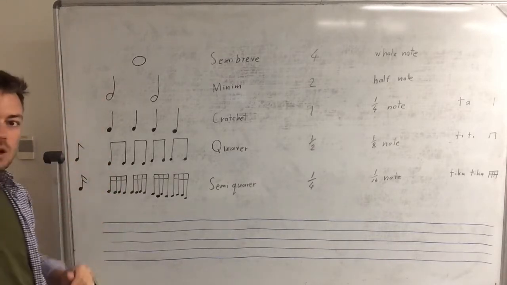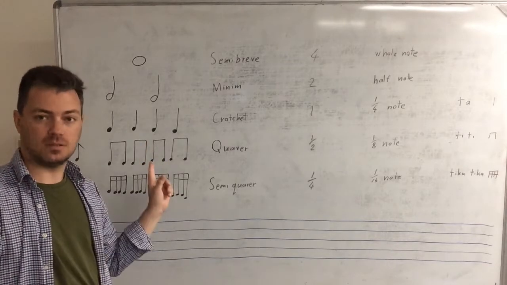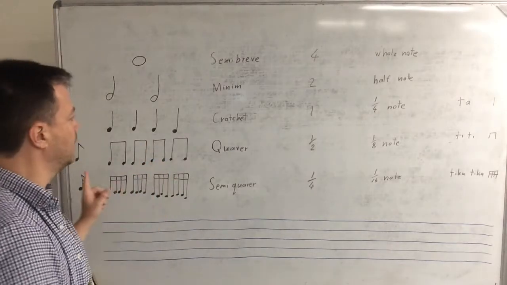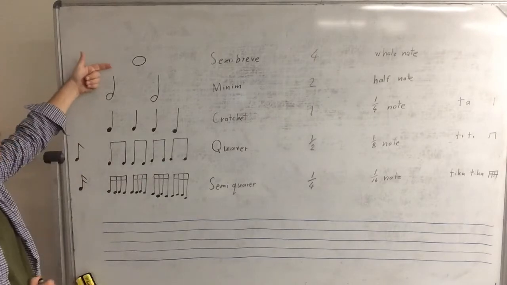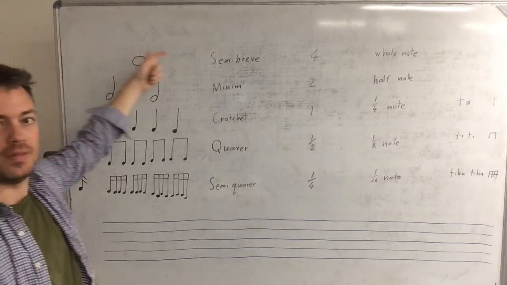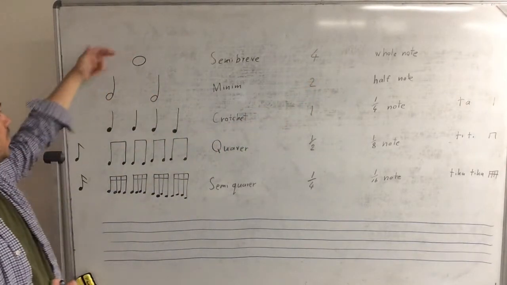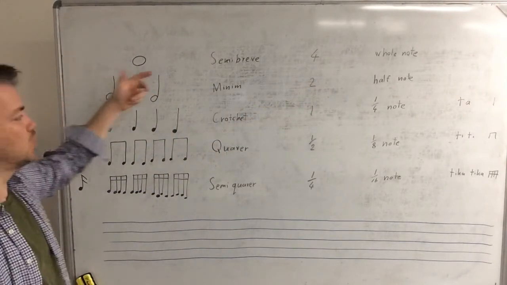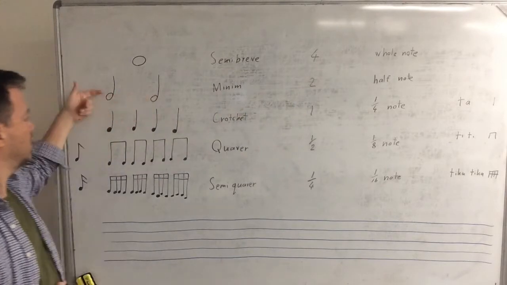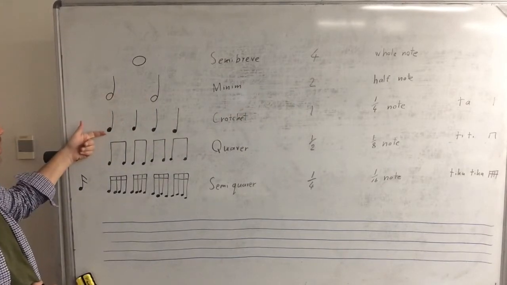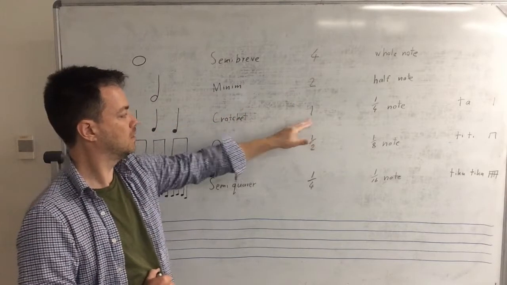Actually, before we do that, we're going to talk about how many beats they're worth. Okay, so the top one is worth the most, and that's over here. It's worth 4 beats. The second one is worth 2 beats. This one here, the coloured in one with the stem, is worth 1 beat.